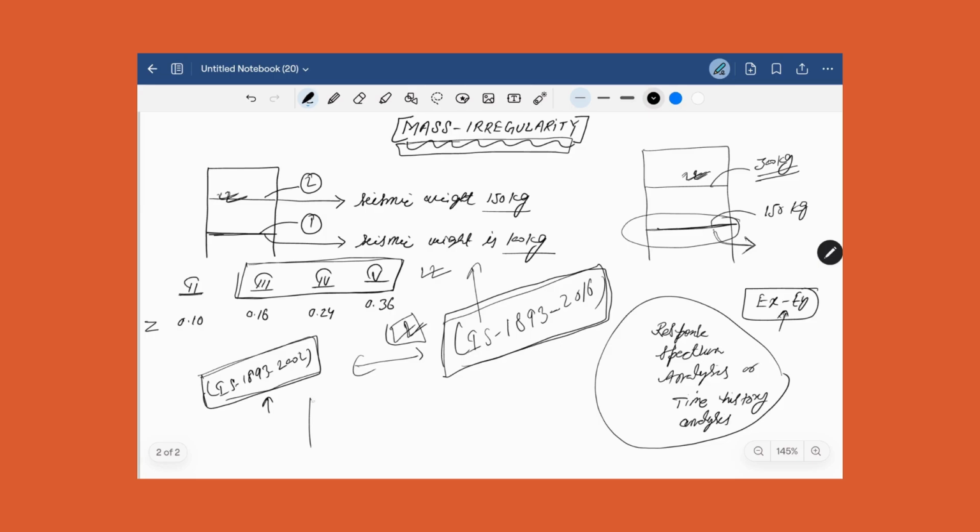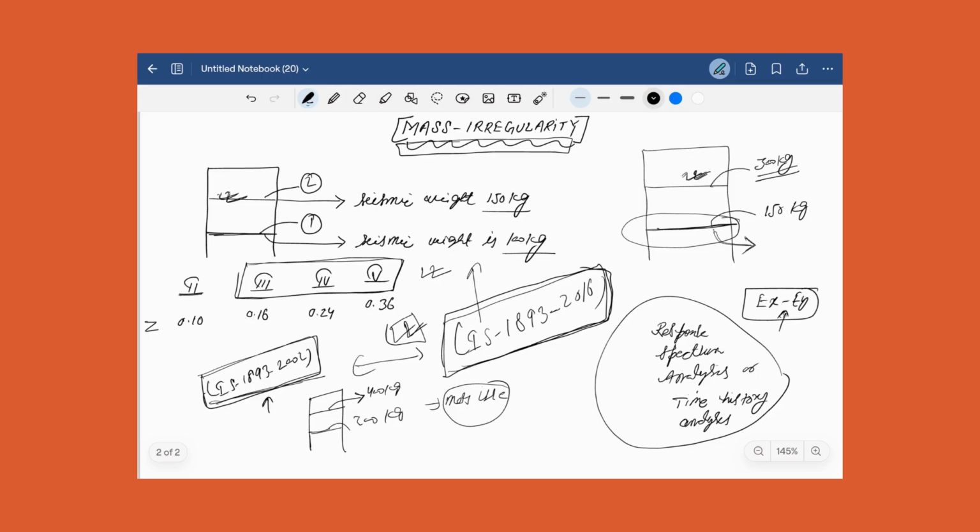According to the previous code, suppose this is your structure. If the seismic weight of this floor is 400 kg and this is 200 kg, then we say that this has mass irregularity. But according to the new code, it is only 150%. The previous code says that if the seismic weight of any floor is more than 200% compared to the story below, then the structure has mass irregularity.